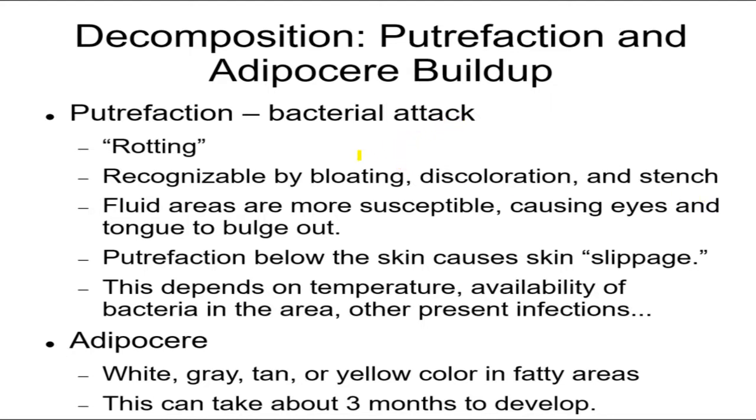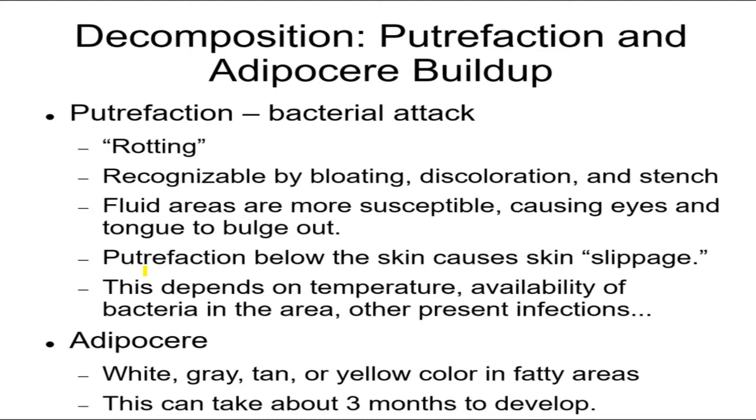Bacteria decompose the bodies. Now, they operate in more fluid areas because bacteria need wetness, they need water. So they get to the eyes and the tongue, which swell up, and they eat the tongue and the eyes, and it swells up, so they often bulge out. Again, the skin is kind of dry on the outside.